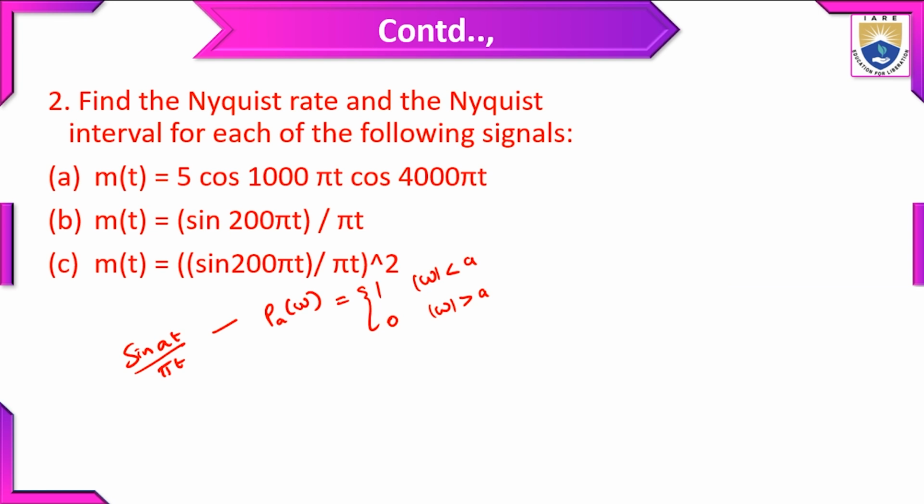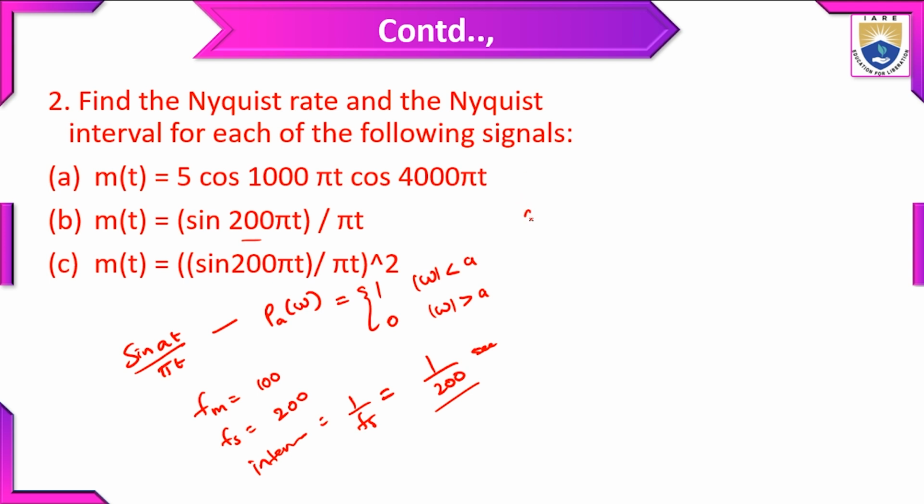So for the band limited signal, we take FM. Here FM is nothing but 100, and Fs is 2 FM, so 200. Similarly, the interval is 1 by Fs, that is 1 by 200, which gives 0.005 seconds. Or simply you can stop at 1 by 200 seconds.